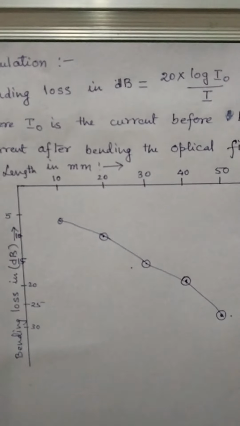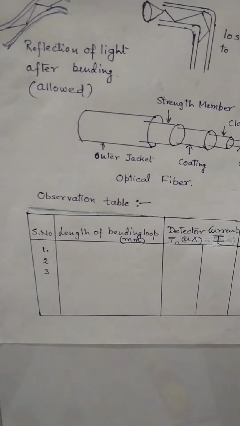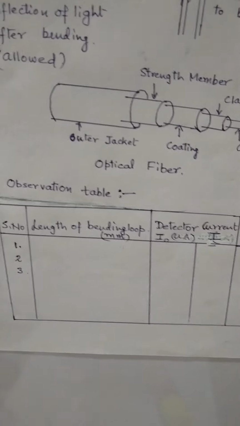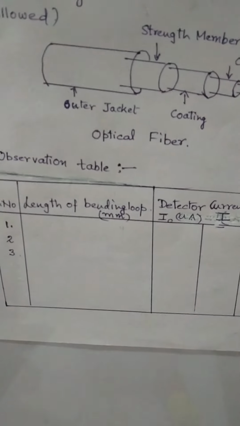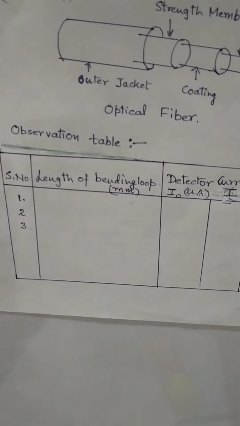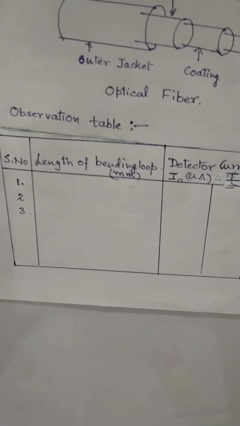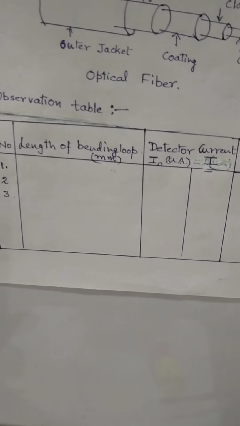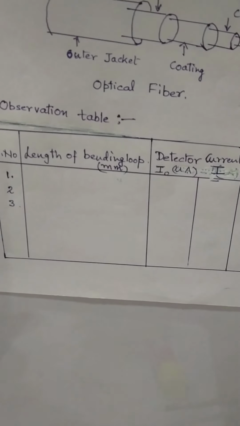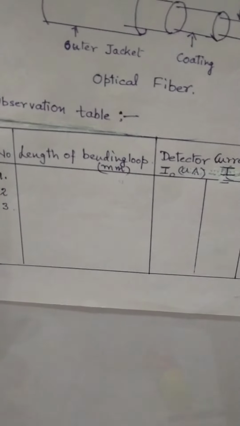Now let me show the observation table. Here the observation table is shown. The first column is for different serial numbers, and the second column is the length of the loop when it is straight, determined in millimeter. Then the detector current when the loop is straight and the detector current when the loop is made.